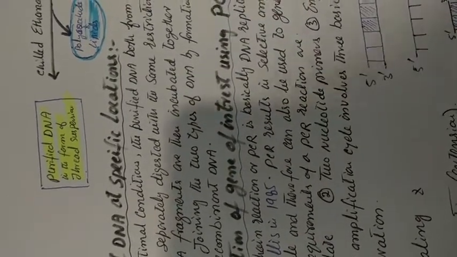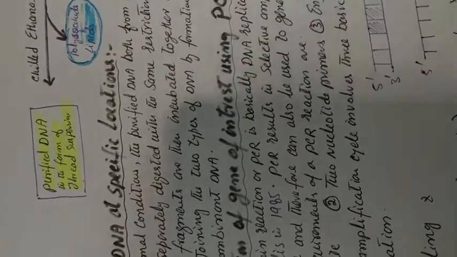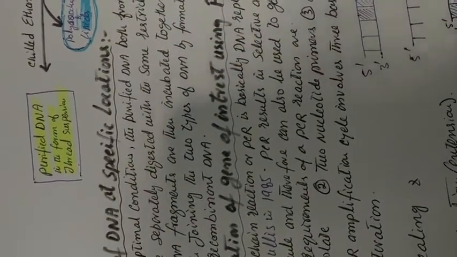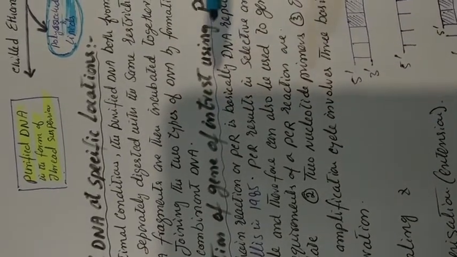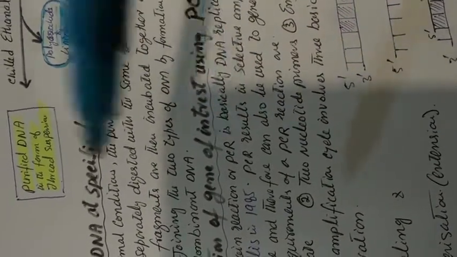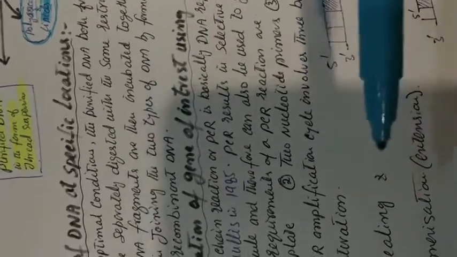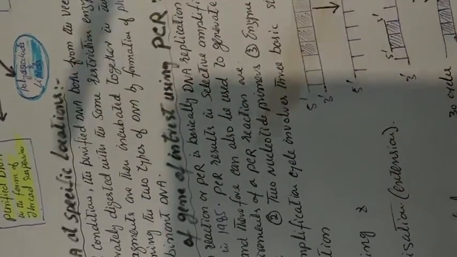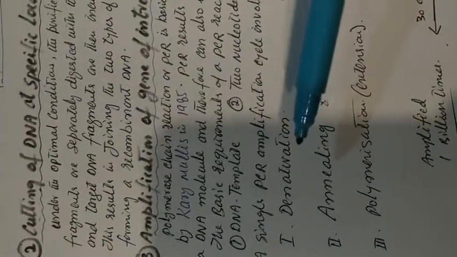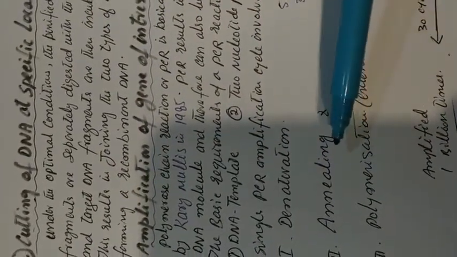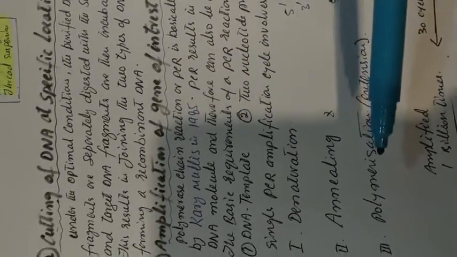It is a thermostable enzyme and can withstand temperatures of more than 90 degrees Celsius. Now, a single PCR amplification cycle involves three basic steps: denaturation, annealing, and polymerization.